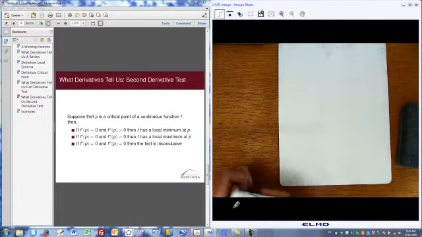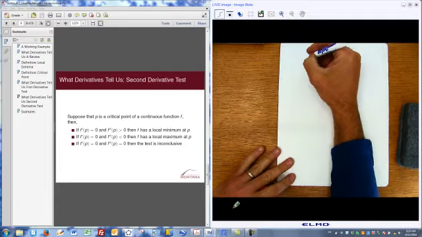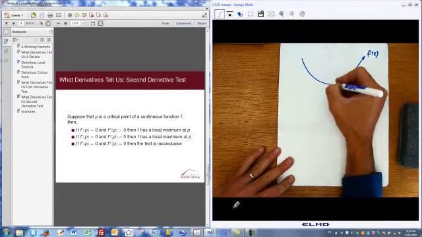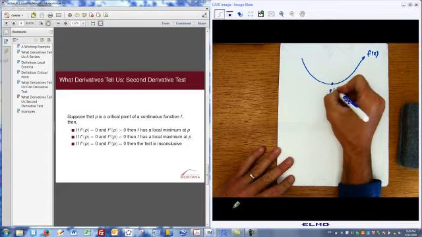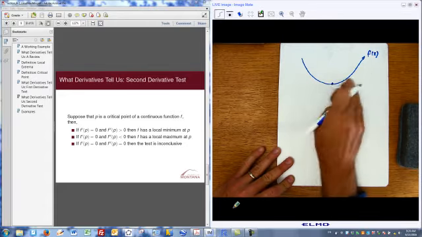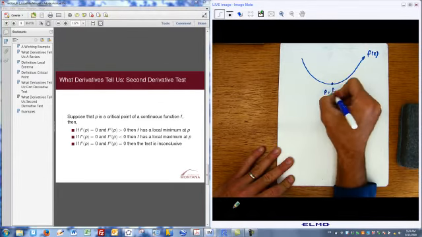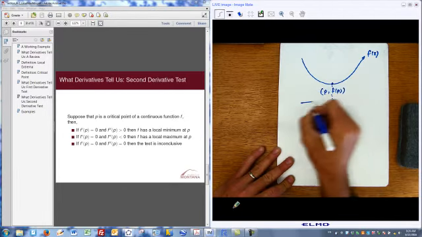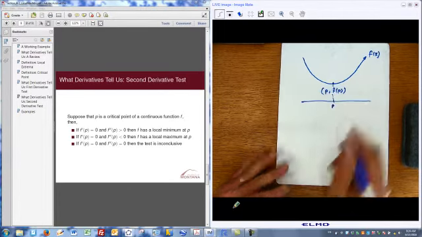So again, if we have something like this, a critical point at p comma f of p, where this is some p value on an x-axis.